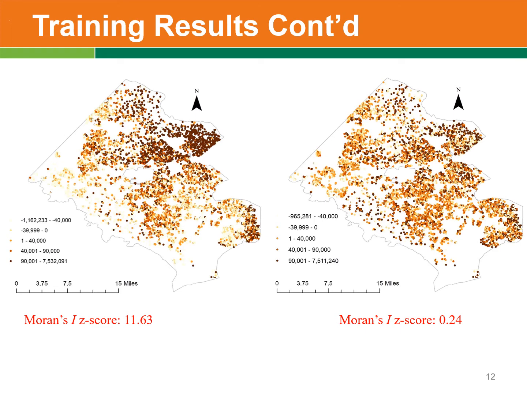We can see that the residuals on the left show prominent spatial correlation with a Moran's I z-score of 11.63, and this spatial pattern becomes insignificant on the right. This reduction may suggest that the included distance layer variables successfully account for spatial correlation in the house price data.